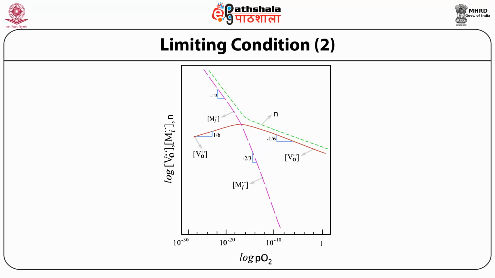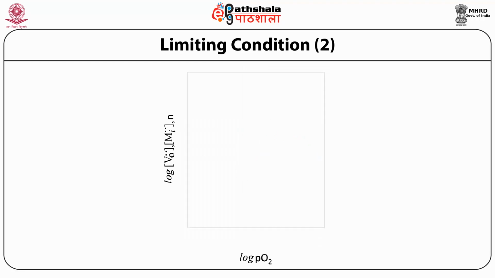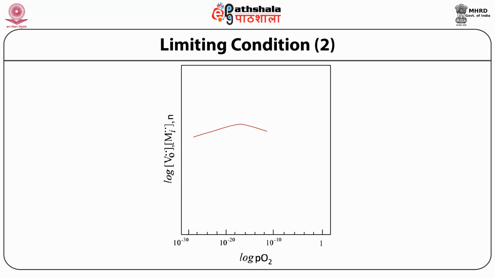If the concentration of OO is 1, then the concentration of Vm double prime is very much less than the concentration of OO. Then the equation becomes K equals the concentration of Vm double prime times NH square divided by PO2 to the power 1/2.